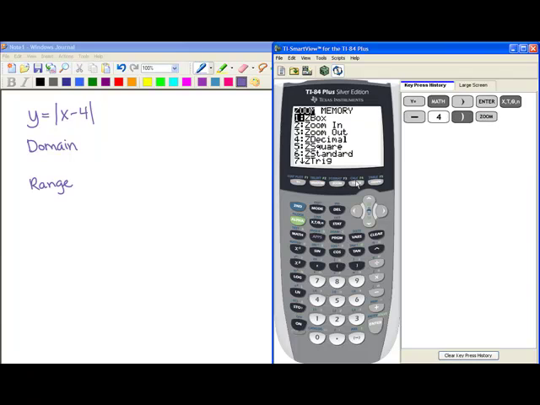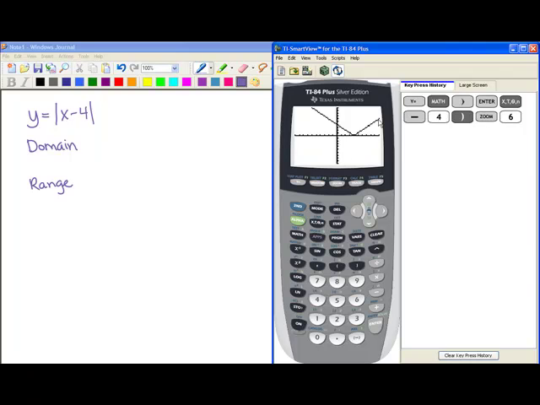I'm going to press zoom and number 6. Okay, here's a look at the function. It's a V-shaped graph, and it looks like it decreases down to the value 4 and then continues on to the right.